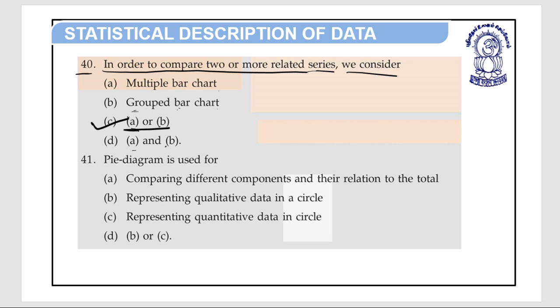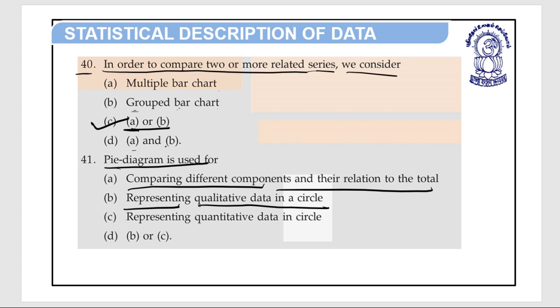Pie diagram is used for comparing different components and their relation to the total, representing qualitative data in a circle, representing quantitative data in a circle.